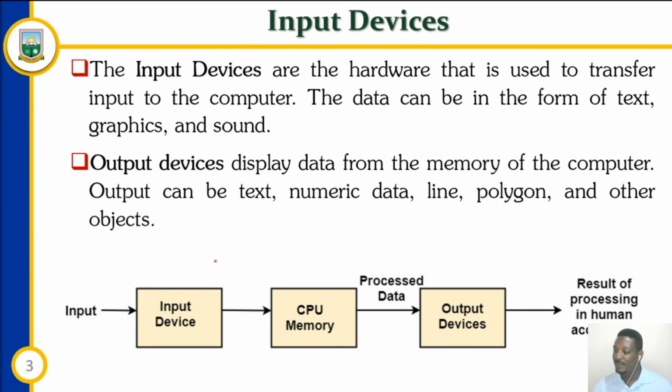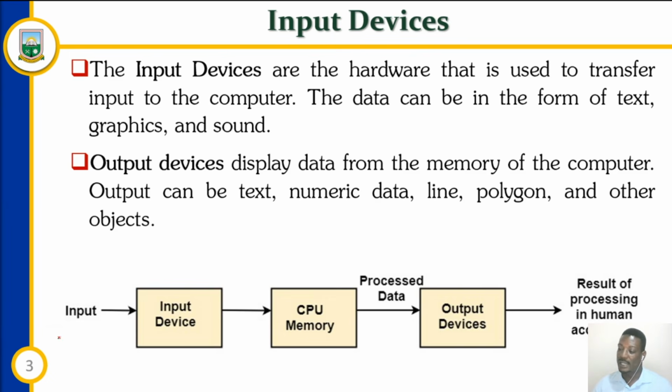Now, the diagram that you see over here runs us through the processes that input information or data goes through in the computer to come out as an output. Generally, you will need to have an input, be it in the form of scanning or whatever.